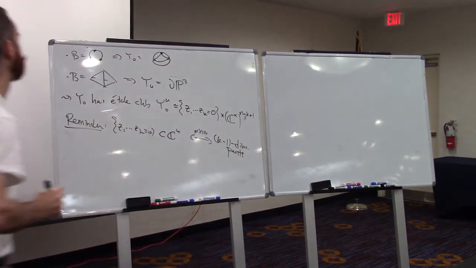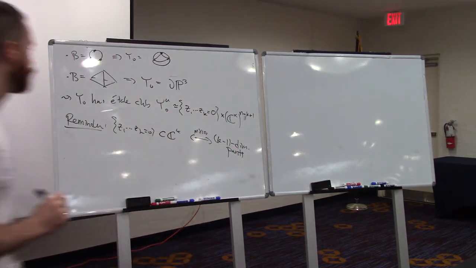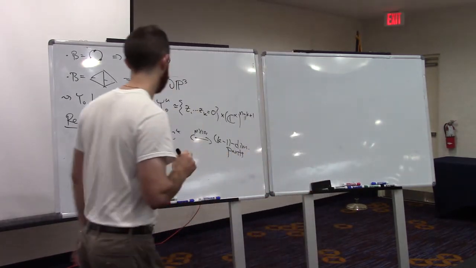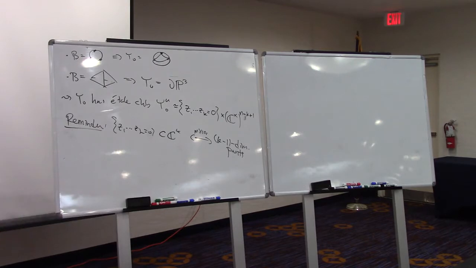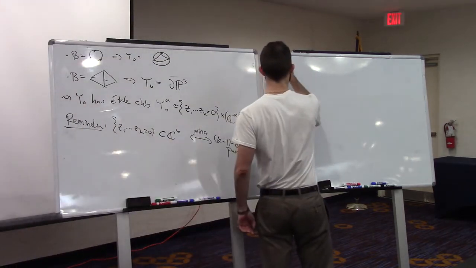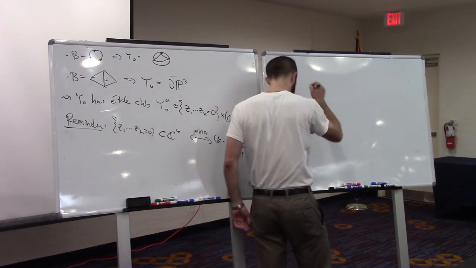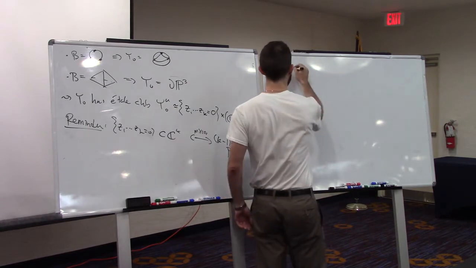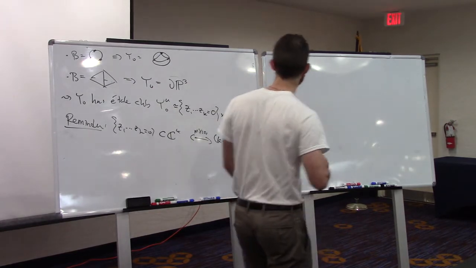So let's explain what that is now. The pants, I usually call it P something, but I'll just call it pants. Pants of dimension k minus 1 has two definitions.